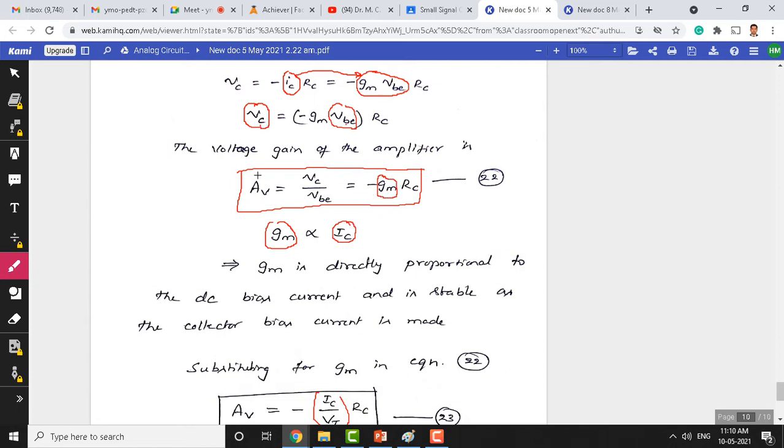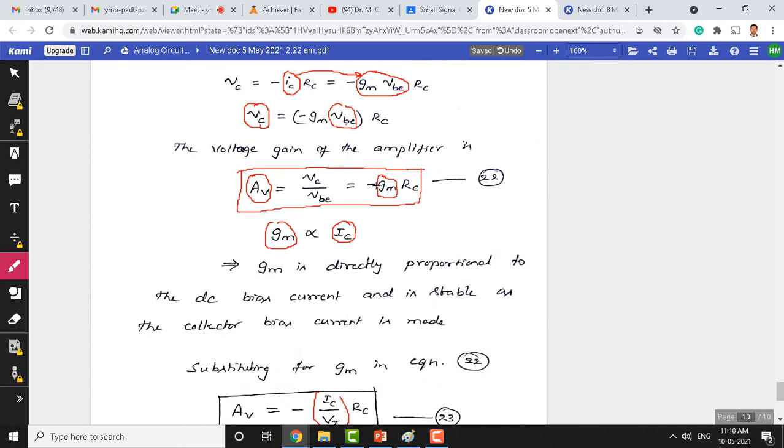So the voltage gain Av of a BJT used as a voltage amplifier is its transconductance times the resistance. The transconductance is inbuilt to the BJT, and RC is an external resistor whose value the designer will choose, and that gets multiplied with gm to give the voltage gain of the transistor.